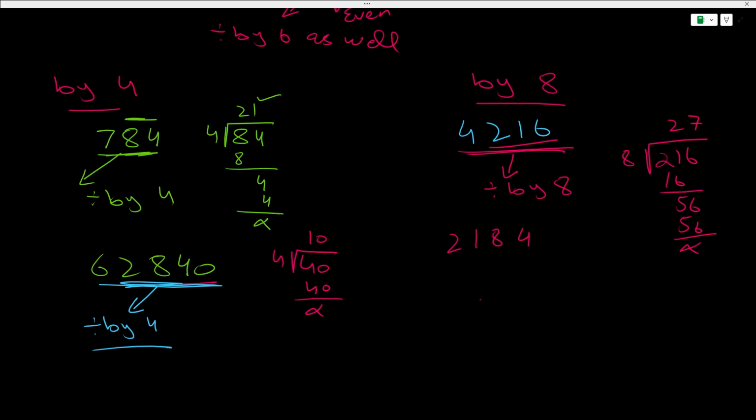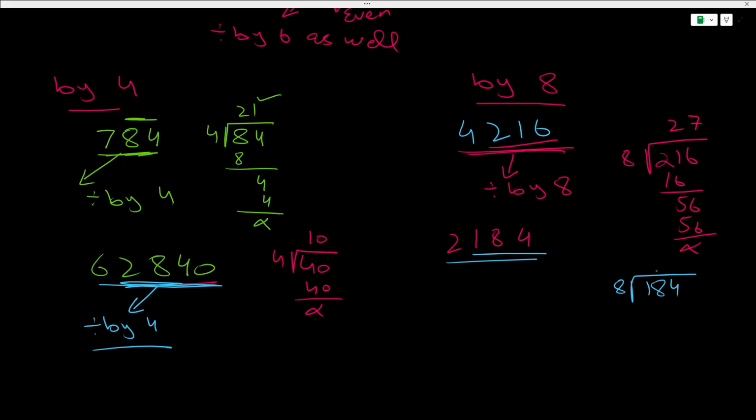Let's take another example, that is 2184. Now the last three digits are 184. We will start to divide it by 8 and see the result. If the number is exactly divisible by 8, we will say this whole number is divisible by 8. Otherwise, this number 2184 is not divisible by 8.